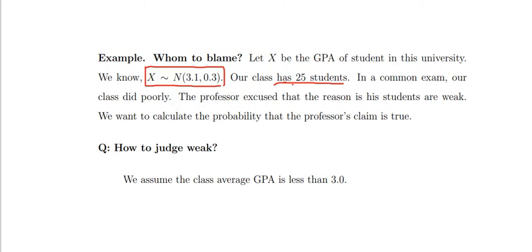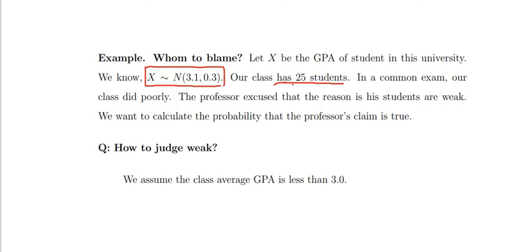Students will complain that this is because our professor is not so good, his teaching is so bad. But the teacher or professors also want to defend themselves. They want to say this is because the students in this class are quite poor.